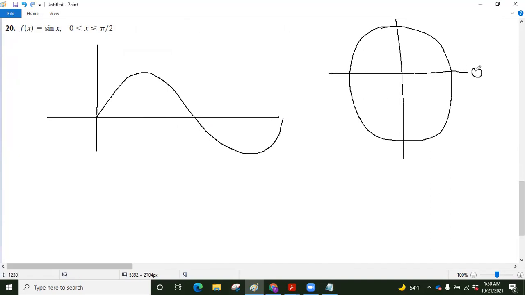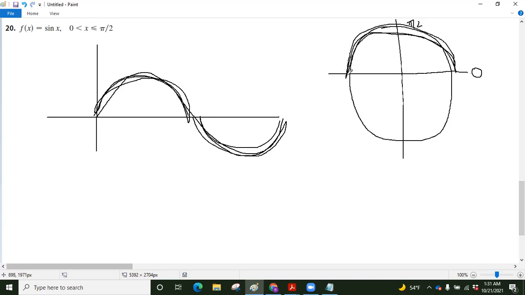So you can think of this point as being 0, and then this point is pi over 2, right? So half of the circle, and this is the other half of the circle. So at the halfway point, this is half of the circle, and then you take half of that.